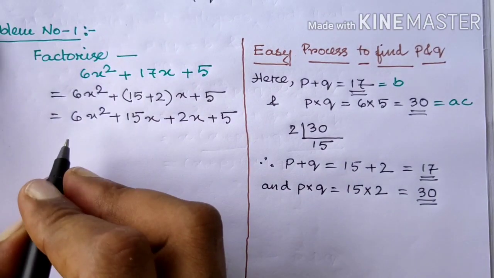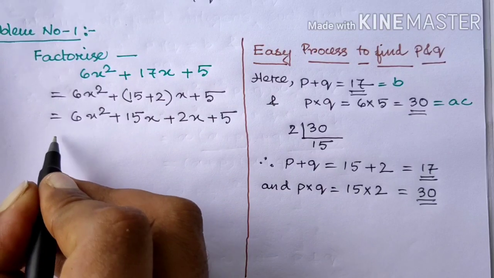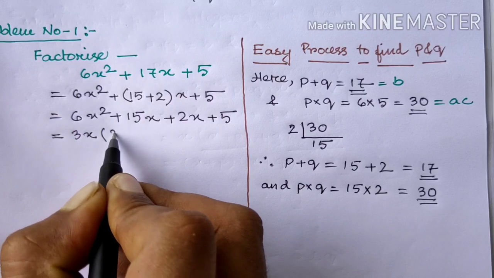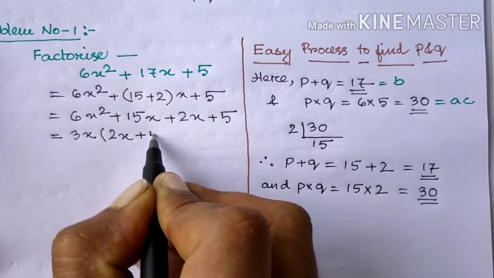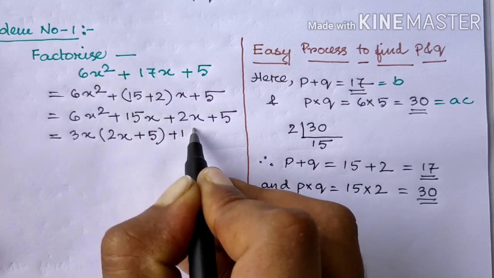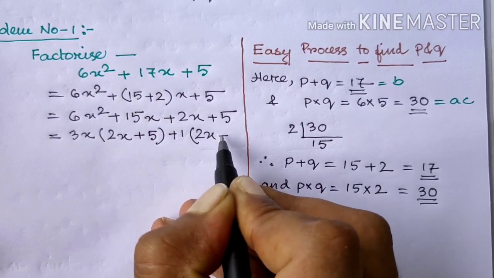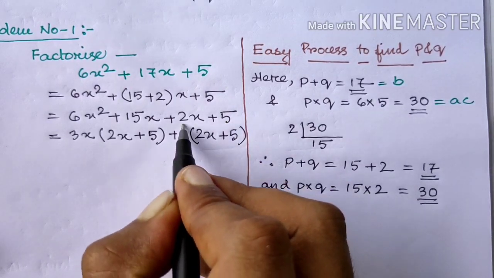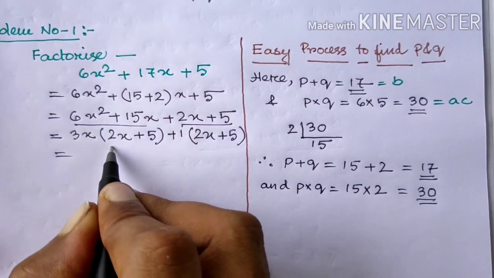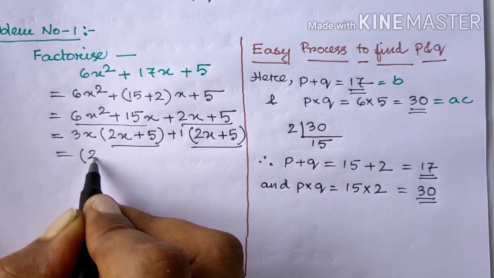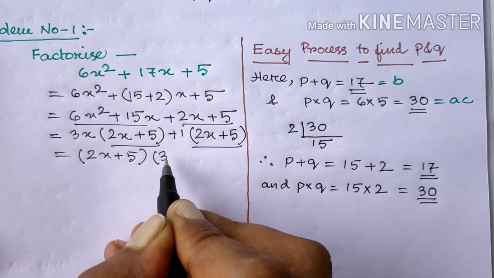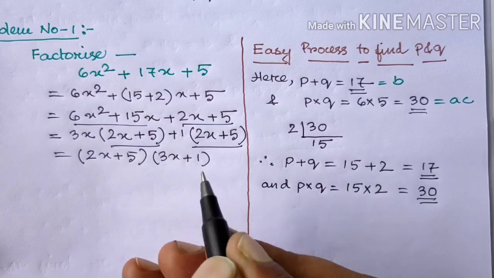Now taking common 3x from the first two terms, we get 2x plus 5, and taking common 1 from the rest two terms, we get 2x plus 5. Now we take common 2x plus 5 and we get the factorization of the given polynomial as 2x plus 5 into 3x plus 1.